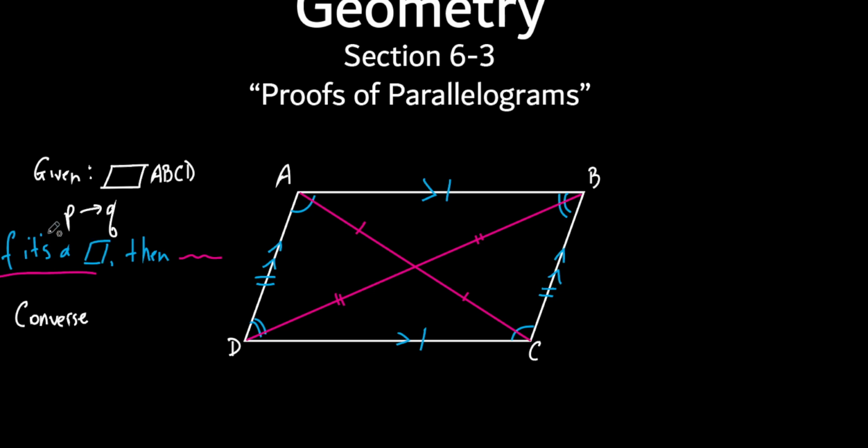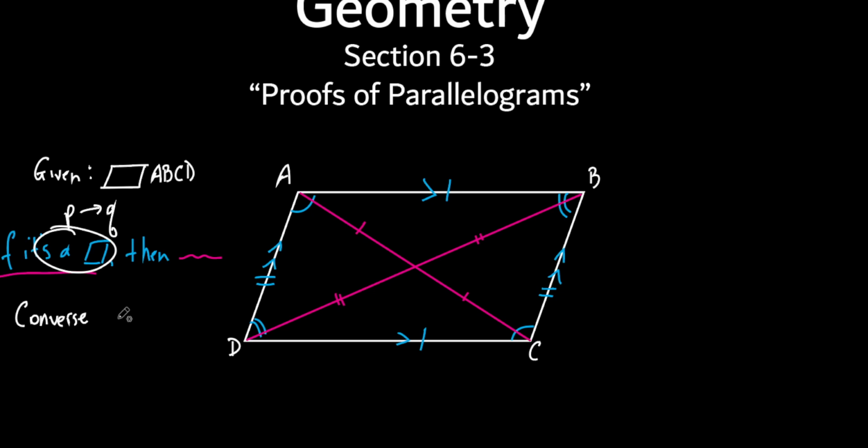So what's the P right here? It's a parallelogram. What's the Q? Well, it could be a bunch of these things: the opposite sides are parallel, the opposite sides are equal, the opposite angles are equal, all that kind of stuff. That's the Q. You with me on that? So that's the statement itself. When I take the converse of something, what I do is just reverse the P and the Q. So what would the converse of a statement be?